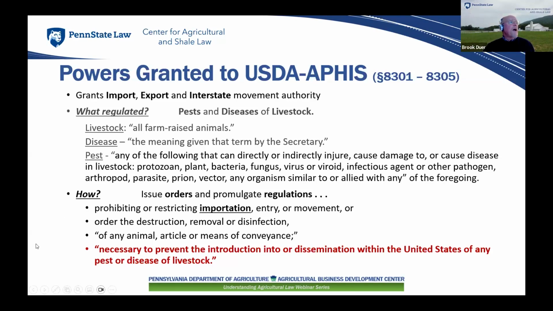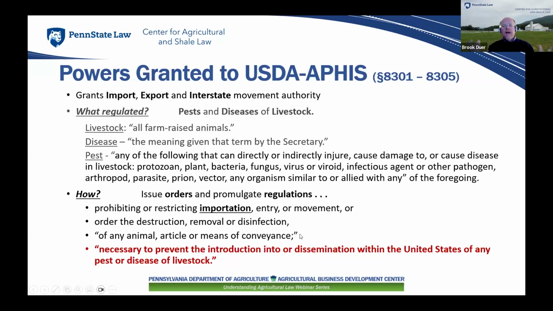So there is a need for all of this broad-ranging free authority to devise a self-contained way to address a disease or a pest. That is by design, and it's totally necessary. Orders and regulations can prohibit or restrict importation, entry, or movement, and order the destruction, removal, or disinfection of any animal, article, or means of conveyance.